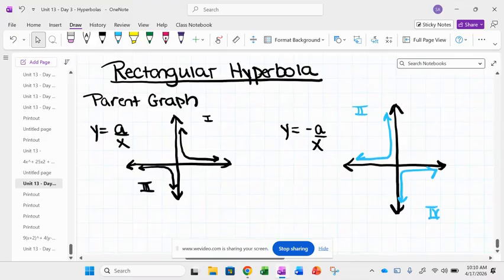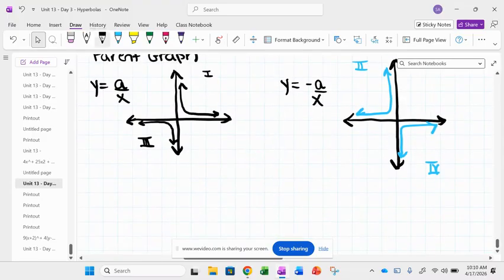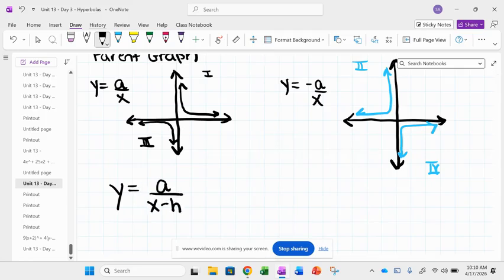Now, the equation of a rectangular hyperbola is going to be y is equal to a over x minus h plus k.